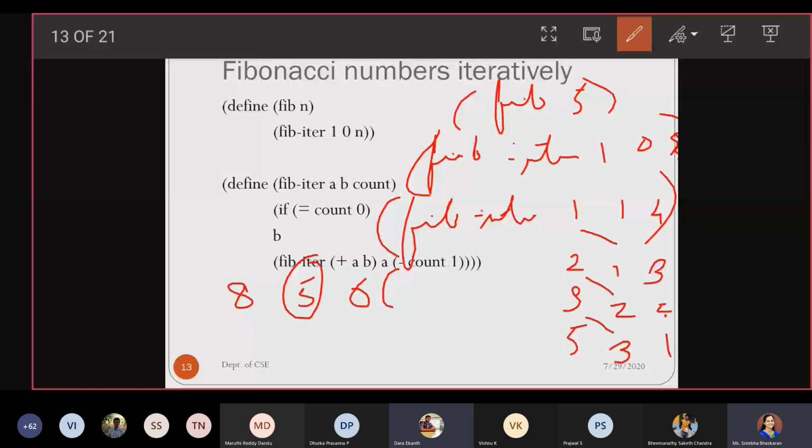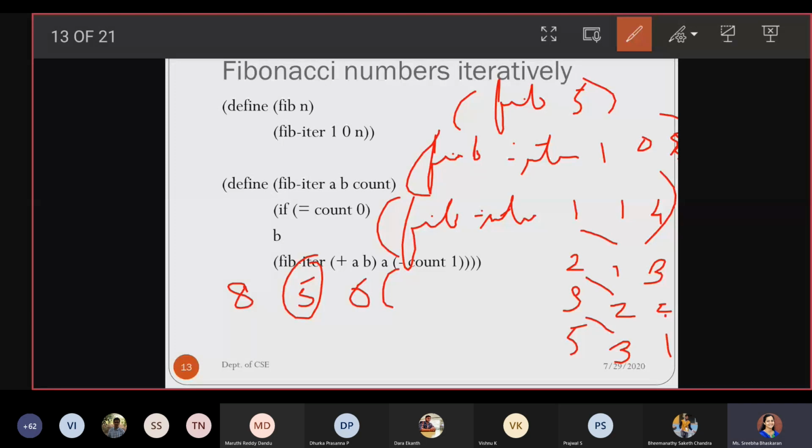Again and again, we are just calling the procedure. Fib ITR is getting called only by modifying the A, B, and count values. So just by seeing this structure itself, it is understood that it is a linear iterative process. So the procedure, whatever you have defined here, is going to generate a linear iterative process.